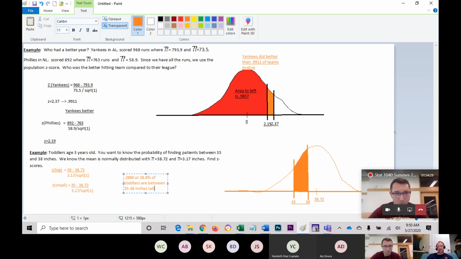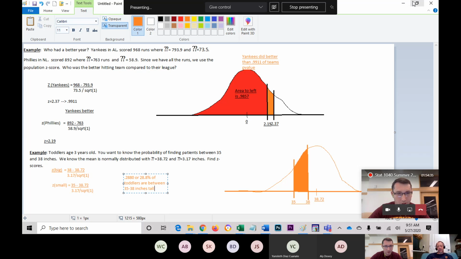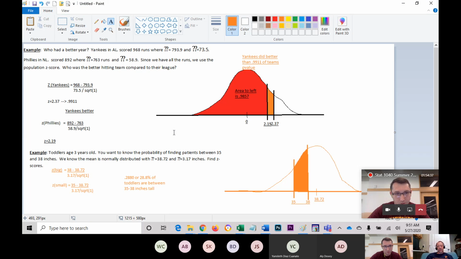Okay. All right. And so that's saying that there's a 28.8% chance of finding a toddler in between those heights. Right. Okay.